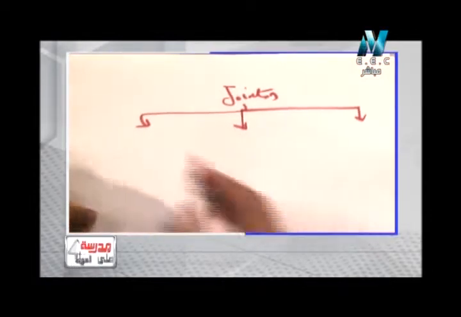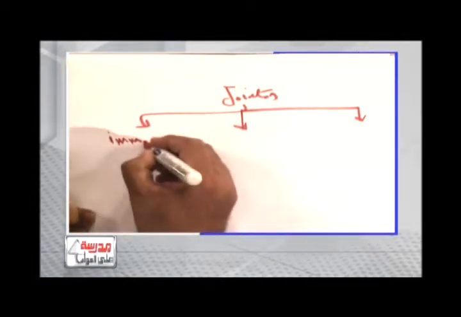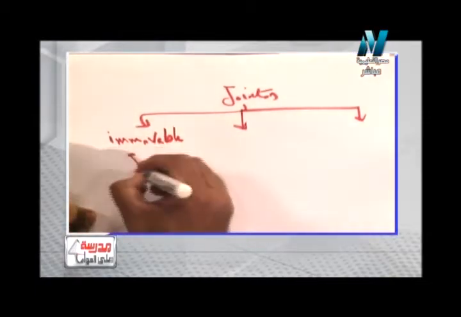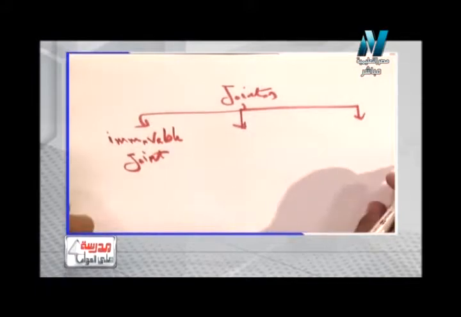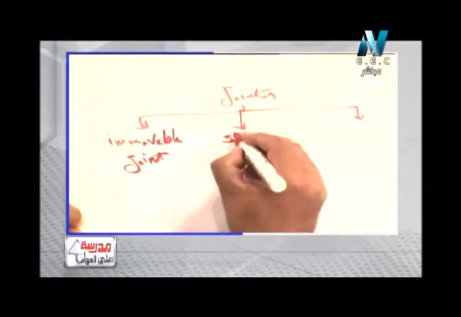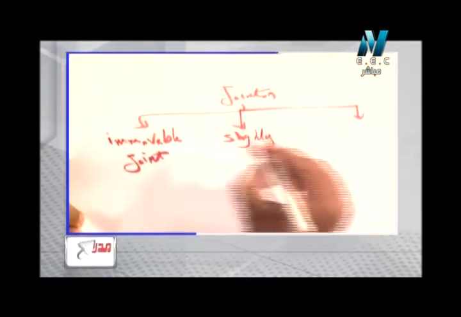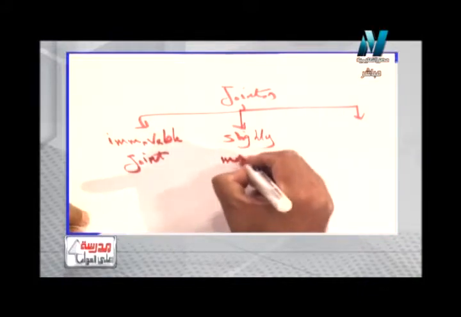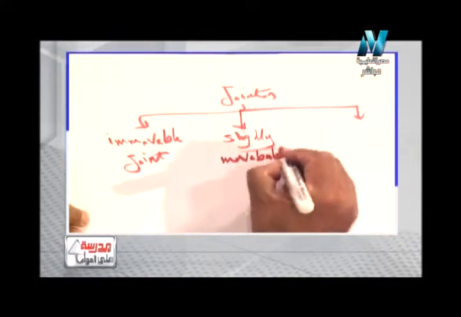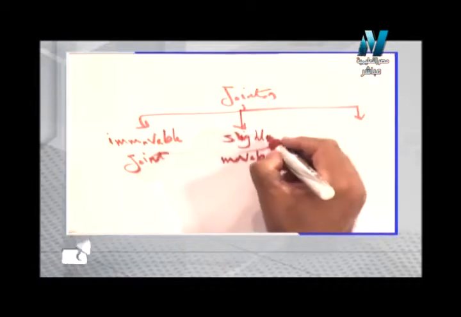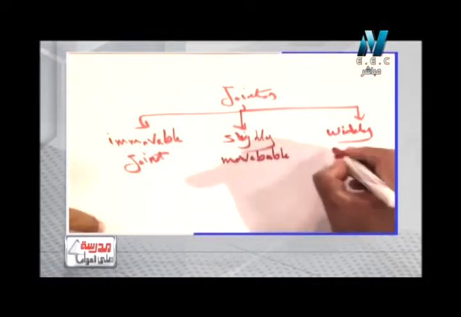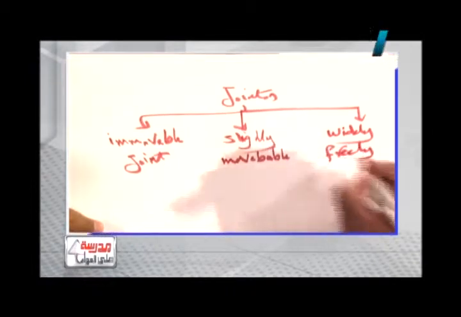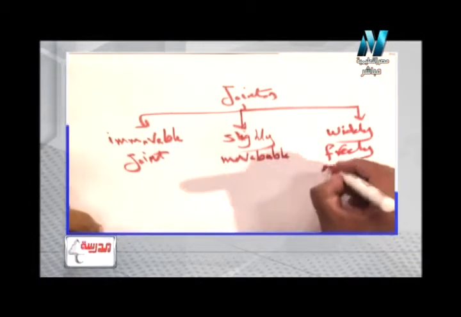We have studied an immovable joint, and another type of joint which is a slightly movable joint, and at last a widely or freely movable joint.